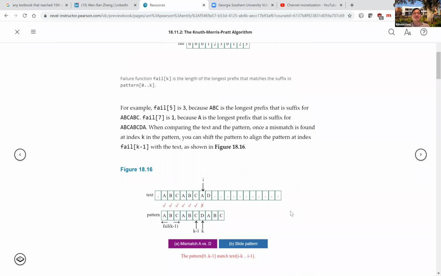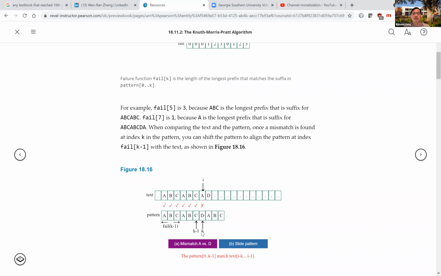All right, so we're going to use this failure function to see how we do a shift. Look, we're going to compare this. So this is match, match, match, match. This information is very good, but right here, there's no match. We're going to slide using fail(k). Here we know that the previous ones match, all the way up to this.